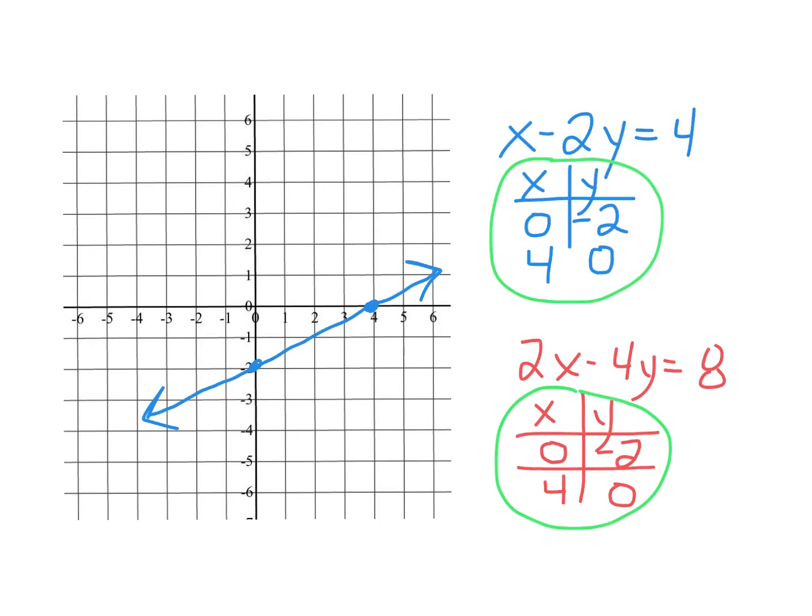So when I go through and graph this second equation, I put dots again at the same spot, and when I draw that, I'm going to be drawing it on exactly the same line. What that really means is that both of these equations, 2x minus 4y is equal to 8, and x minus 2y is equal to 4, were really the exact same equation to begin with. They were just disguised in a way so that they look like different equations, but they are really not different equations.